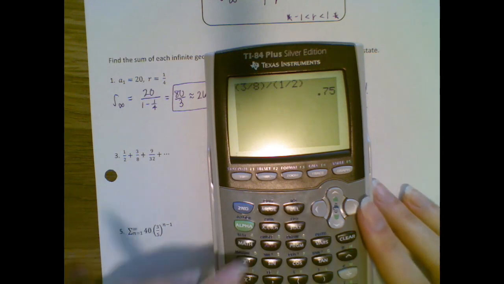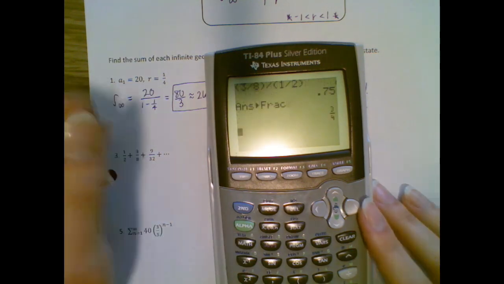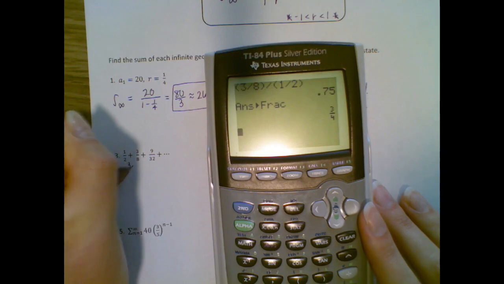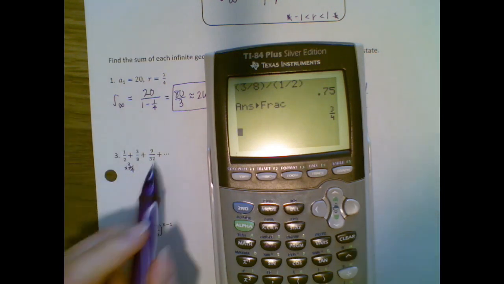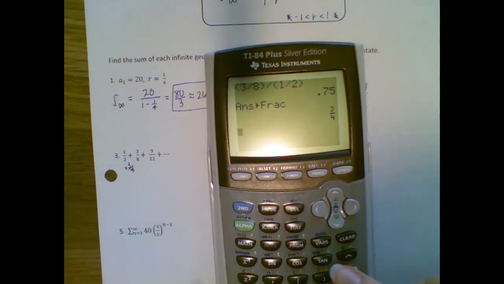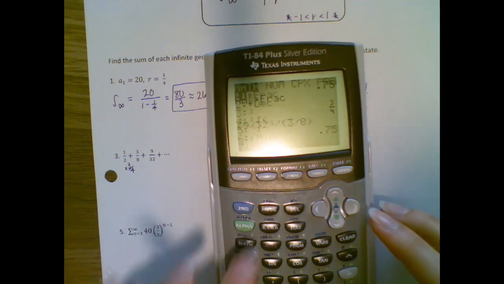I get 0.75, which is 3/4. So we're multiplying by 3/4. Let's see if that happens again here. 9 over 32 divided by 3/8. Yep, got that again.